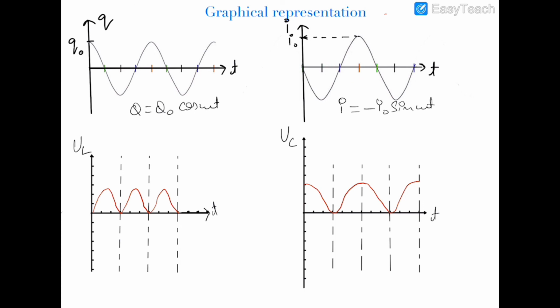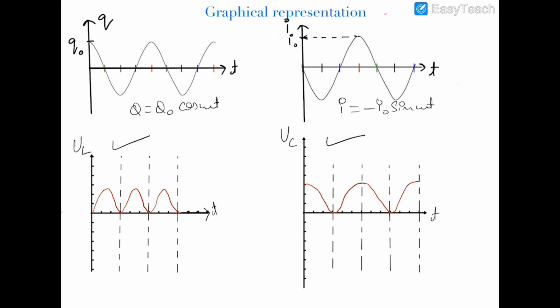The energy stored in the inductor was a function of sine square omega t, and the energy stored in the capacitor is a function of cos square omega t. So this represents the graphs of all four quantities.